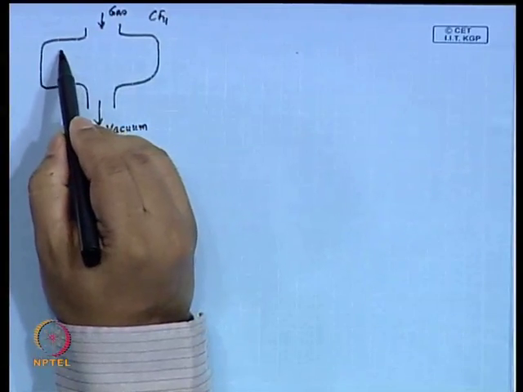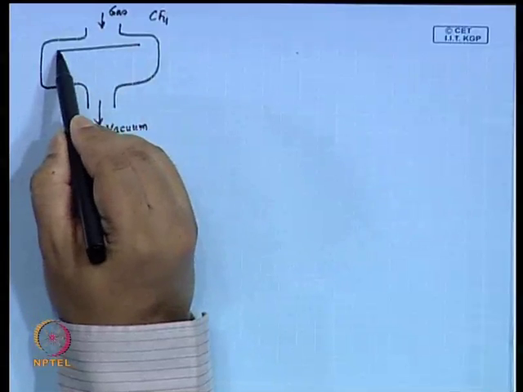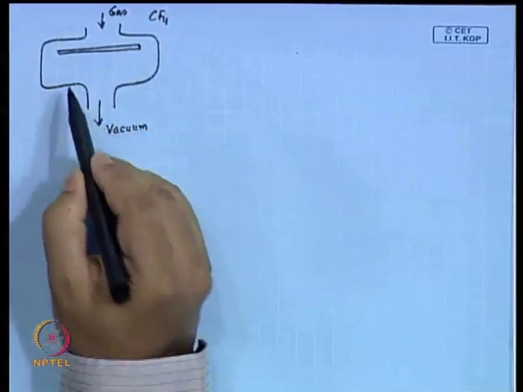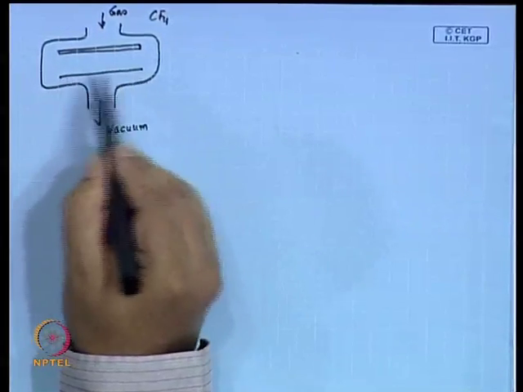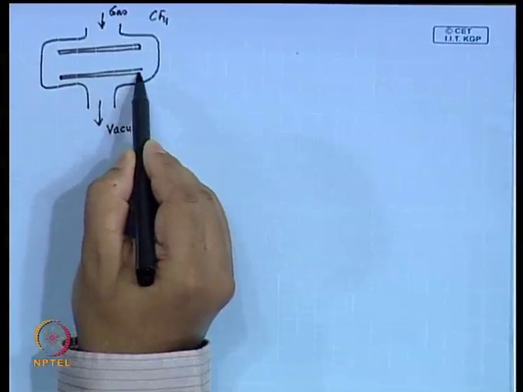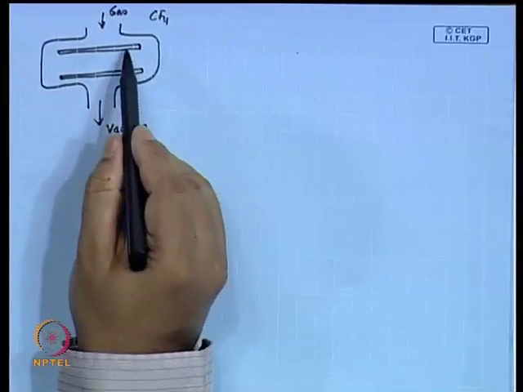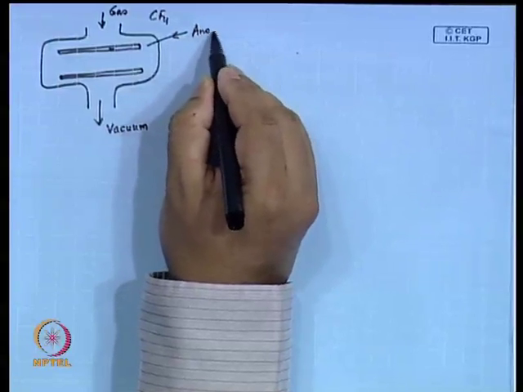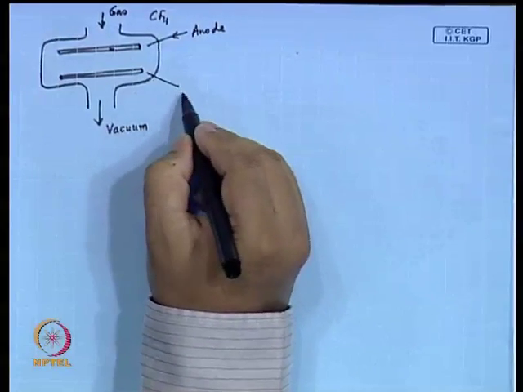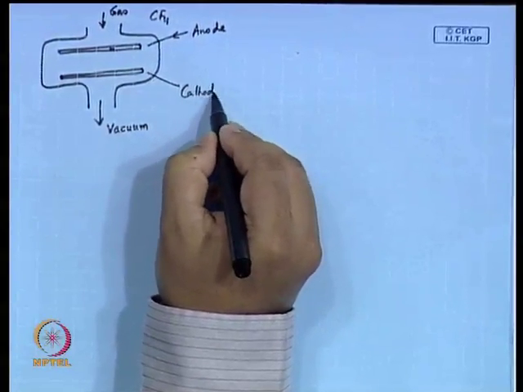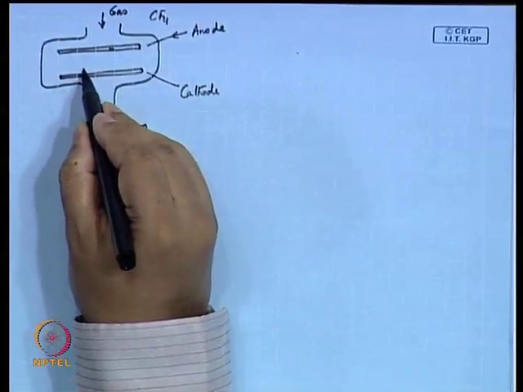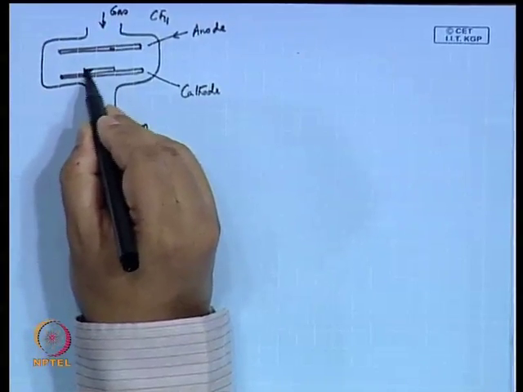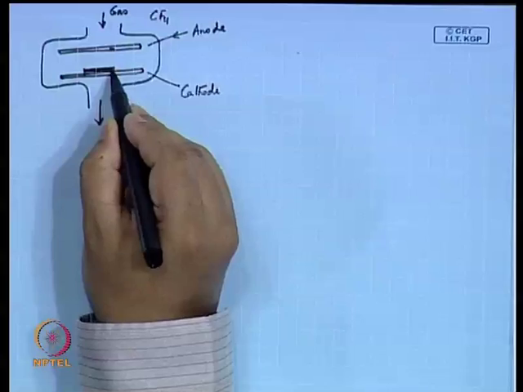Now, here you have anode and cathode. So, the upper one is the anode, and the lower one is the cathode, and here lies the substrate, this dark one.